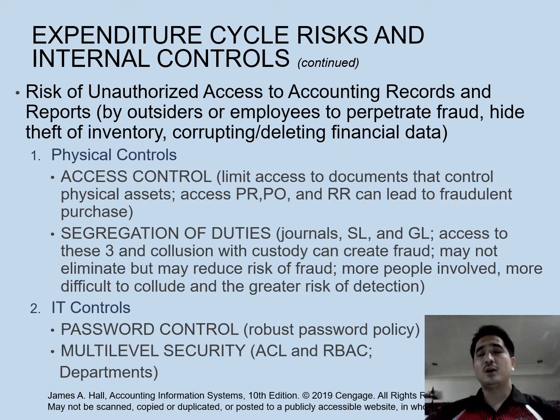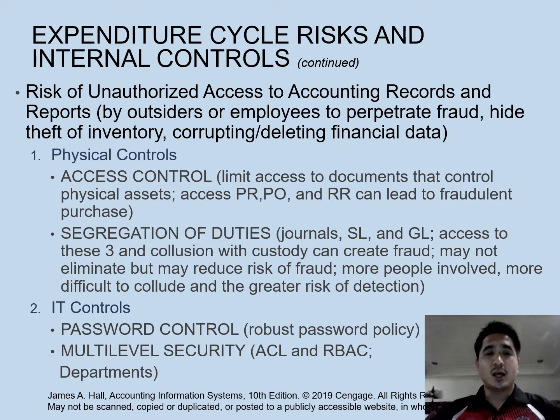But if the GL only handles the GL and others handle the journals and SL, and the GL will connive with the one who handles the custody to perpetrate fraud, then it will be more difficult because those who handle the journal and SL may catch the one in the GL department.